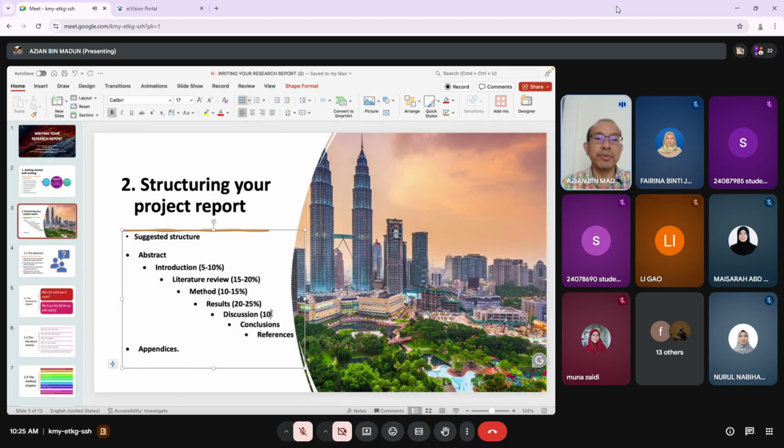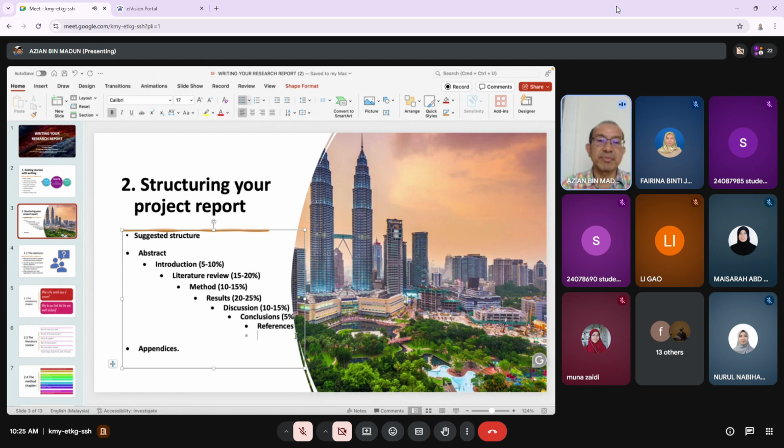So usually this one will become 10 to 15%, and conclusion will be maybe 5 to 10 max, or around maybe 5. Then reference will be about maybe 10%.